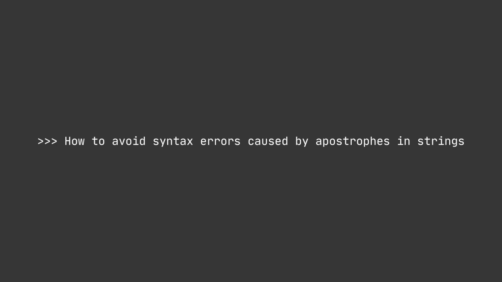Moving on to part 2 of lesson 4 today, avoiding syntax errors with strings. We will now look at a very common beginner mistake when working with strings. Sometimes you want to write a sentence that includes an apostrophe.